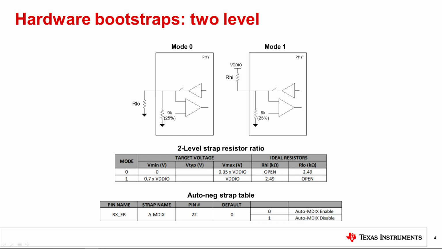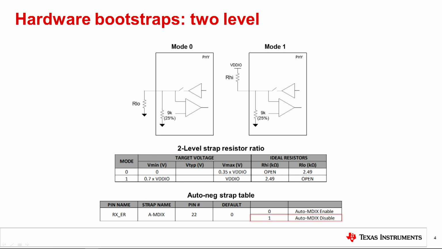Here are some examples of strap tables that may be shown in a TI Ethernet PHY datasheet. These tables show what functions are affected by setting a strap to a specific mode. As an example, the AutoNeg strap table shows that the default setting for the RX error pin is mode 0, enabling the AutoMDIX function.